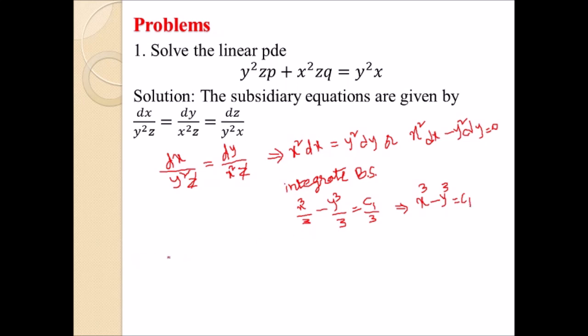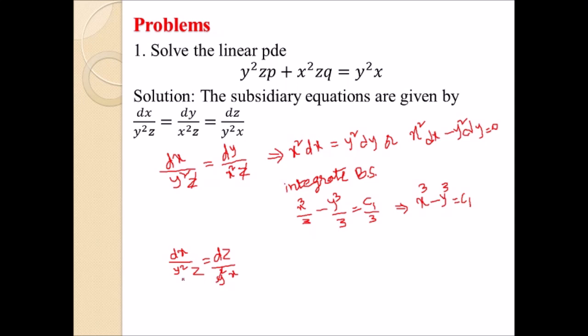Now I consider first and third ratios: dx by y square z is equal to dz by y square x.